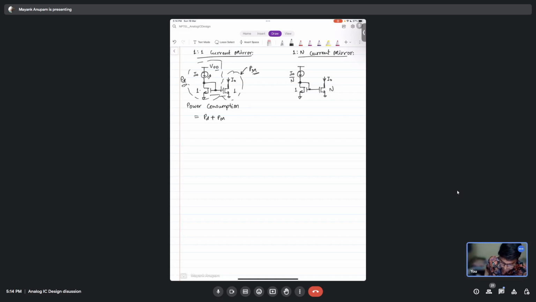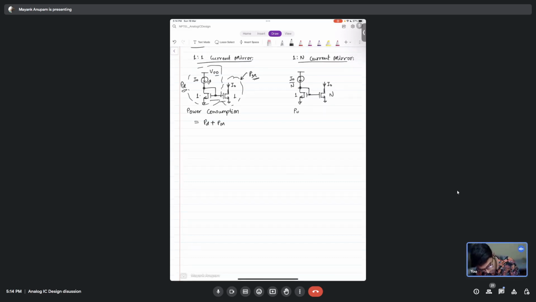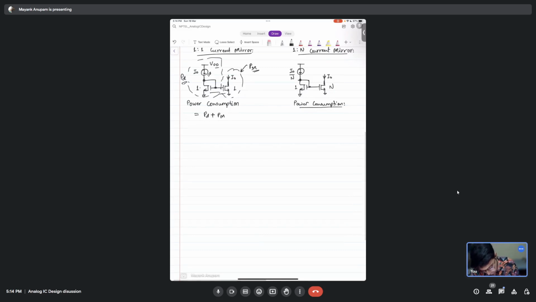And what will be the power consumption here? It will be PD by n plus PM. So obviously in this second case, the power consumption is less, right?